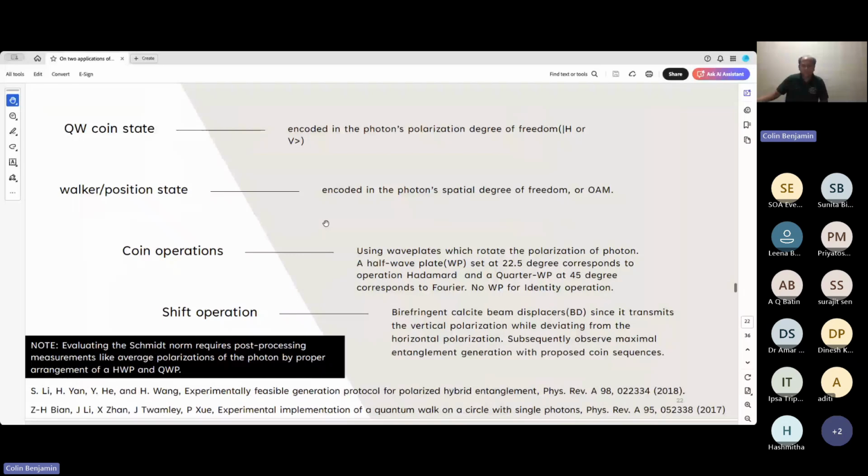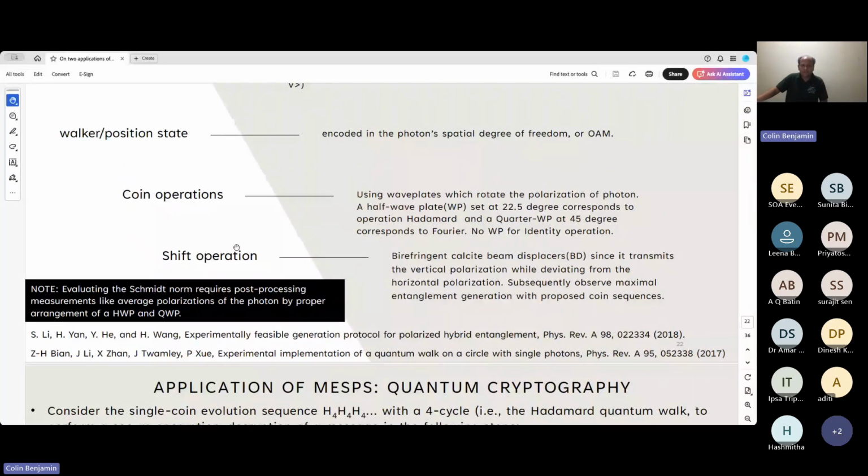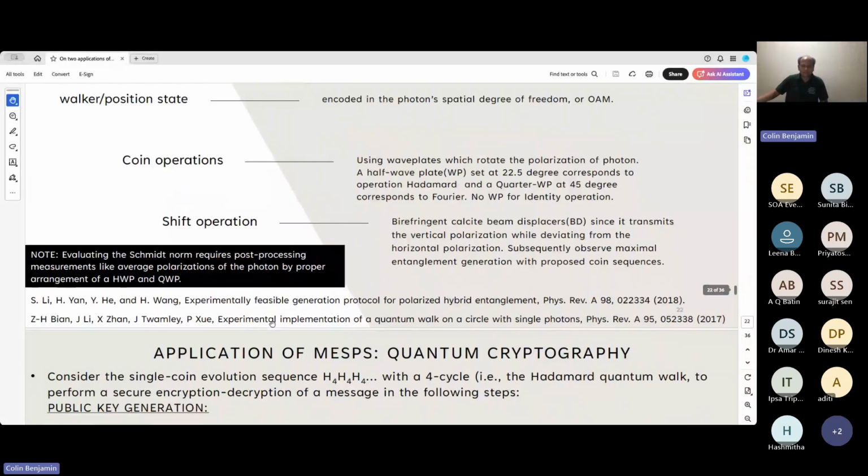For coin operations, you use half-wave plates and quarter-wave plates, and for the shift operation, you use something called a calcite beam displacer. And using that, you can experimentally realize this proposal. And this experimental implementation of cyclic quantum walks with single photons has already been shown. So our protocol is very much feasible.